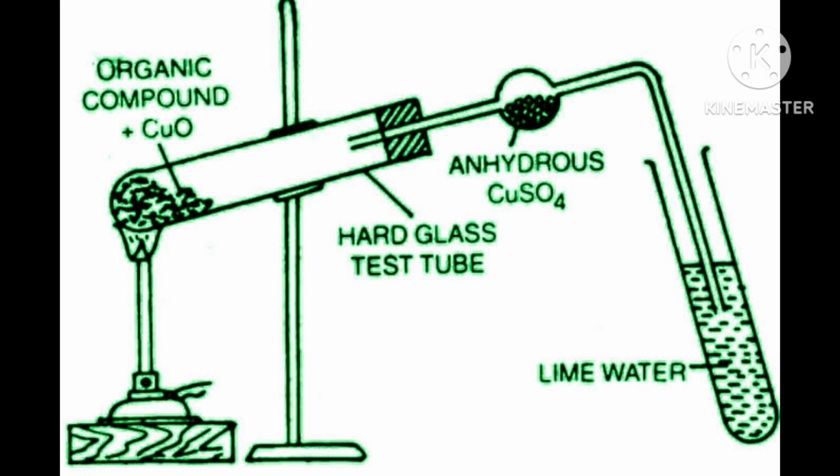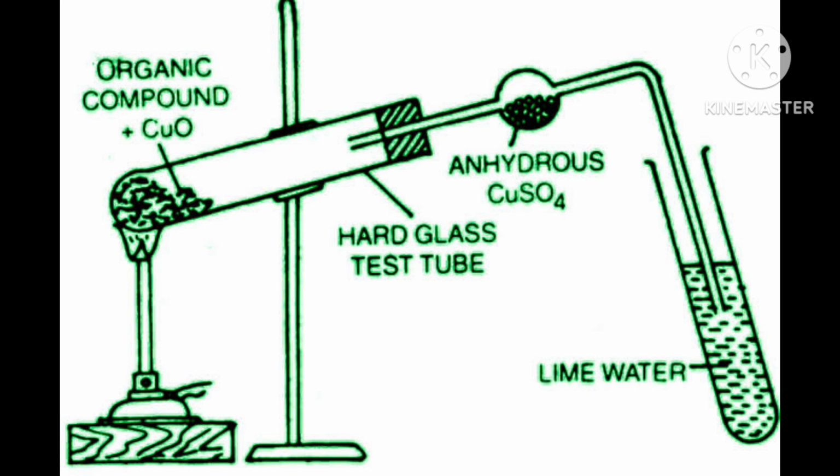And carbon dioxide is formed, lime water. What is lime water? Lime water is calcium hydroxide, an aqueous solution of calcium hydroxide. Then CO2 plus Ca(OH)2 reacts and gives calcium carbonate, which is actually the turbidity, plus H2O. Calcium carbonate will precipitate.